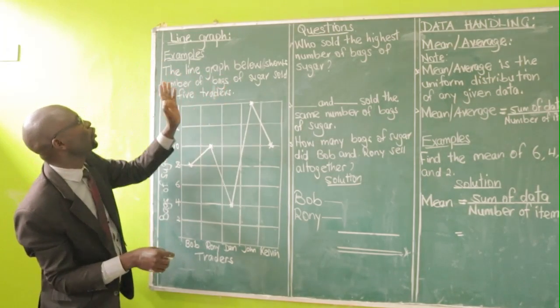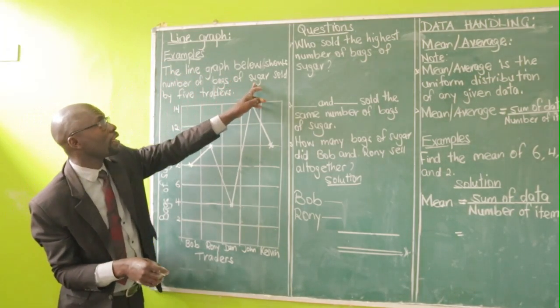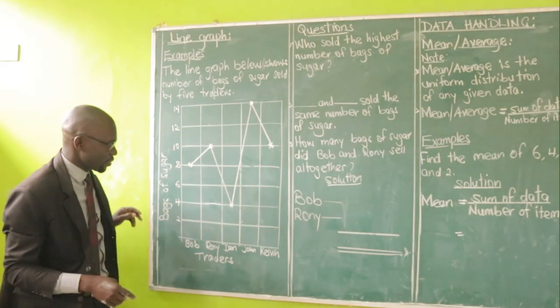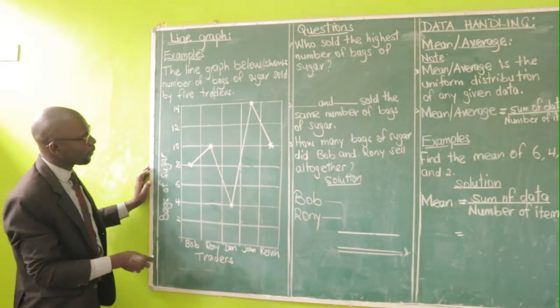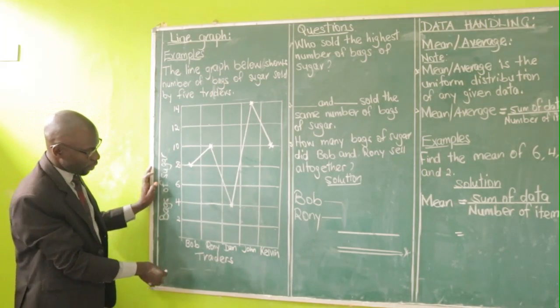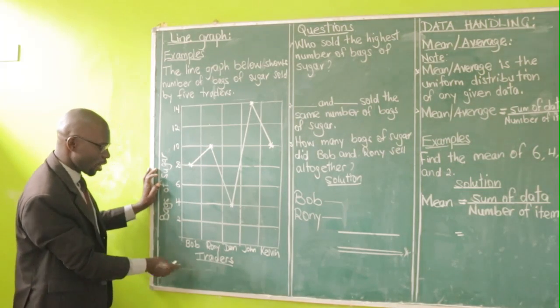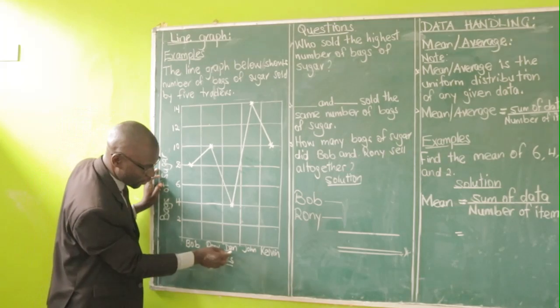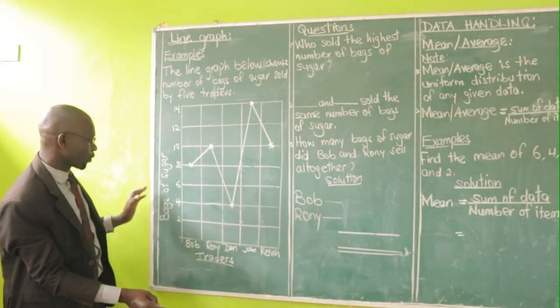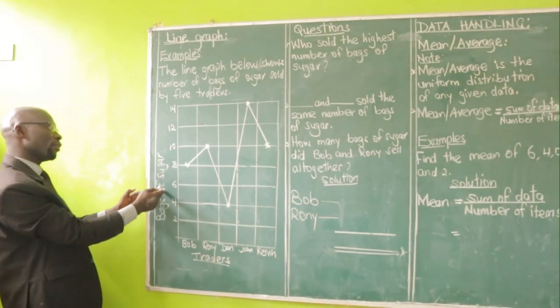The line graph below shows the number of bags of sugar sold by 5 traders. So this is a line graph, and down here we have traders. These are names of these traders. We have Bob, Ronnie, Dan, John, and Kelvin. This side we have bags of sugar.